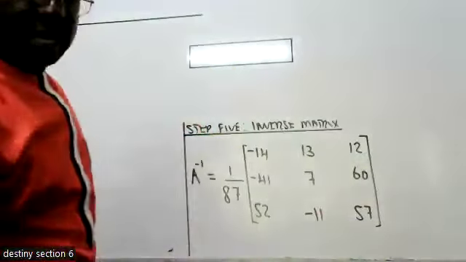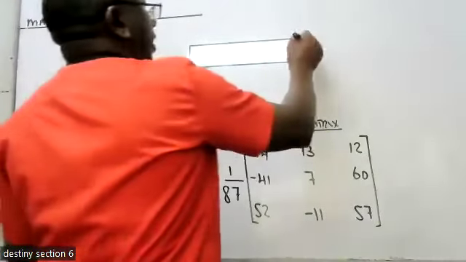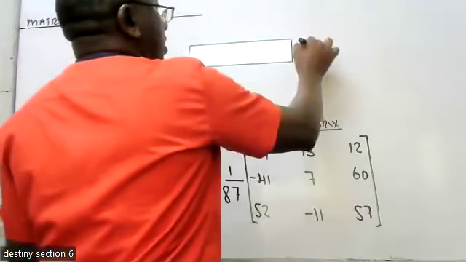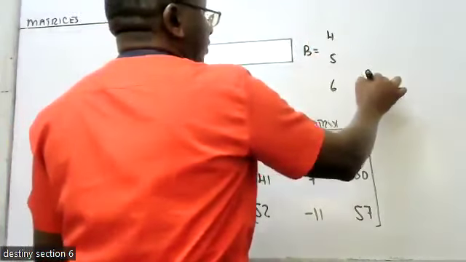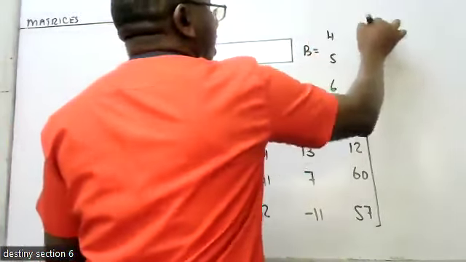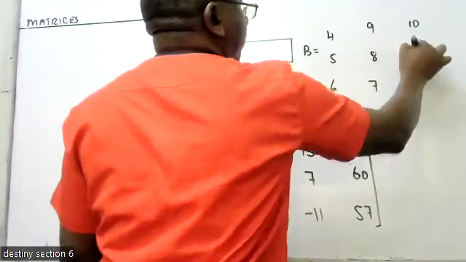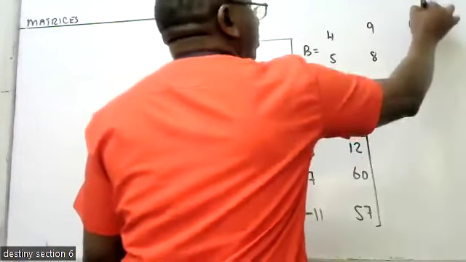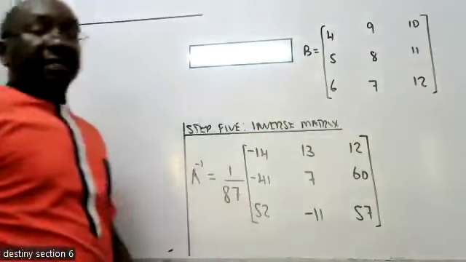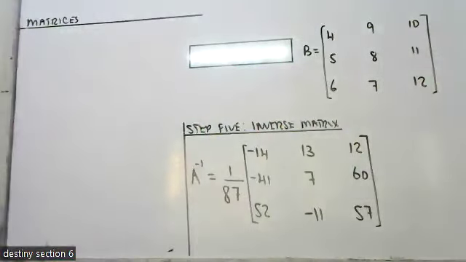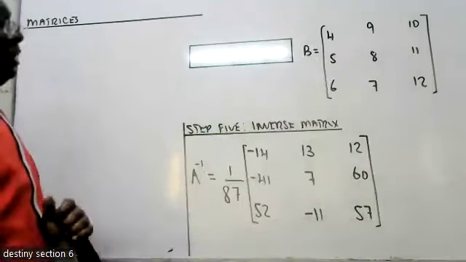The assignment is matrix B, which is 4, 5, 6, 7, 8, 9, 10, 11, 12. I'd like you to get the inverse of that matrix. That is your assignment. Get the inverse of that 3 by 3 matrix.